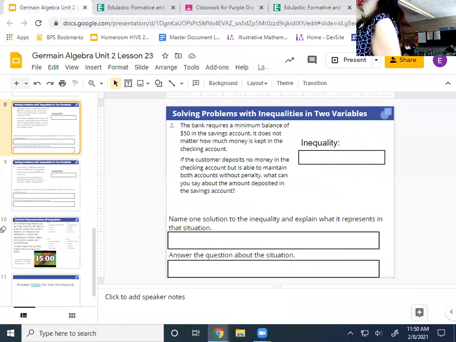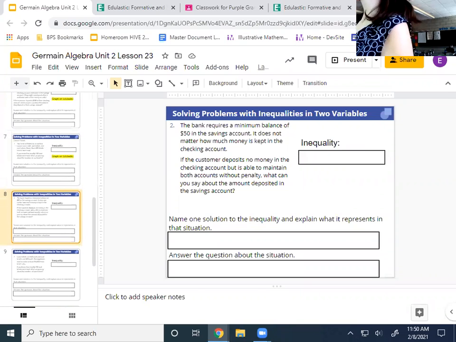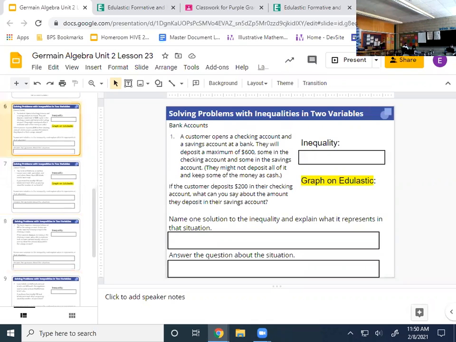If I come back to my slide here. Okay. So we said our inequality was x plus y is less than or equal to 600. Our graph is in Elastic. What is one solution that we had for this system? Gabe gave me one. Gabe said 100, 100. Very good, Gabe.